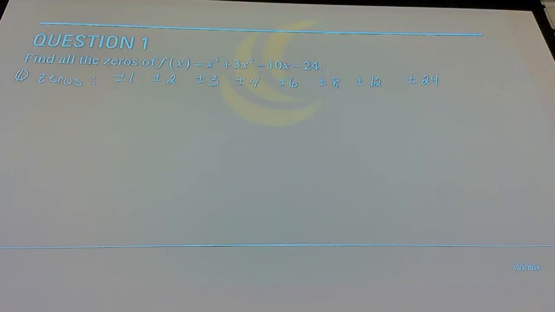Now use Descartes' rule of signs. Look in f of x. We want to count the number of sign changes. Coefficient, positive or negative? Coefficient, positive or negative? That's not a sign change.